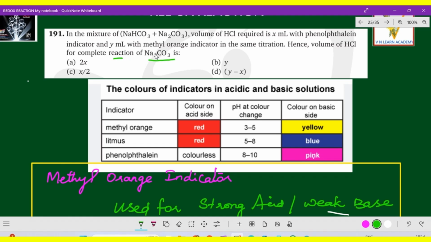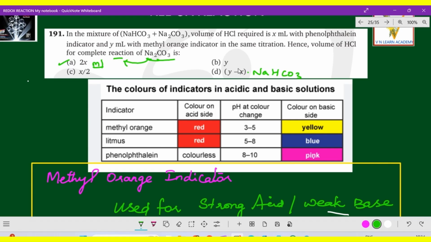Again, NaHCO3 converted to NaCl. So that means it has taken 2x mL, right? So for Na2CO3 complete reaction, 2x mL required. Suppose if they are asking about NaHCO3, the answer will be y minus x, that is option D. They are asking about Na2CO3 for this answer.